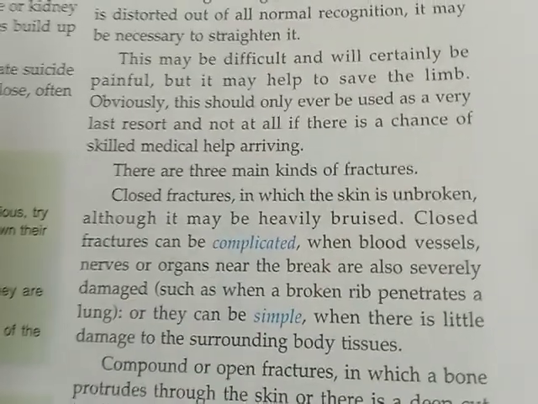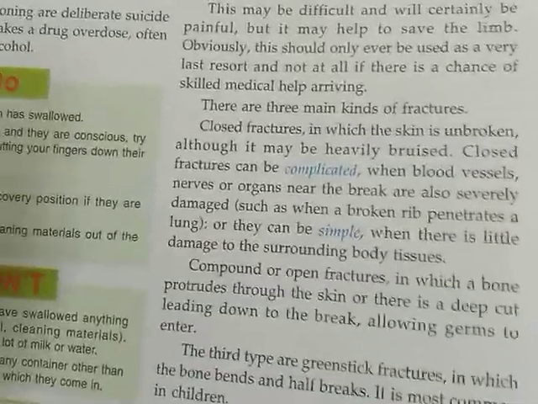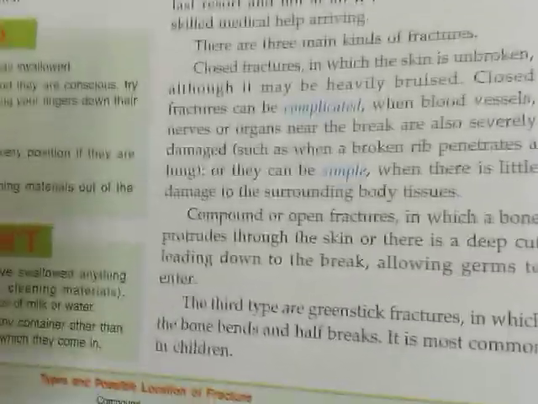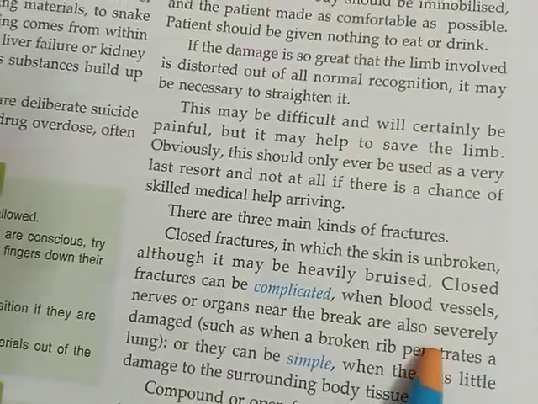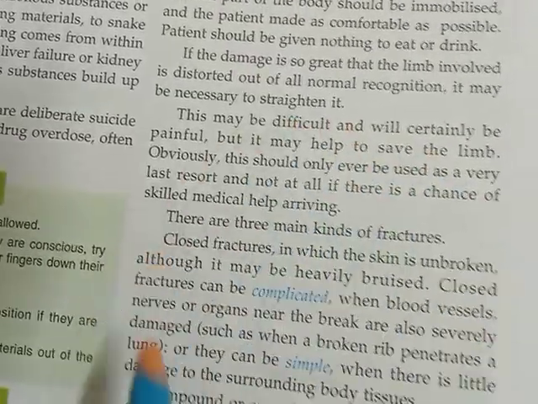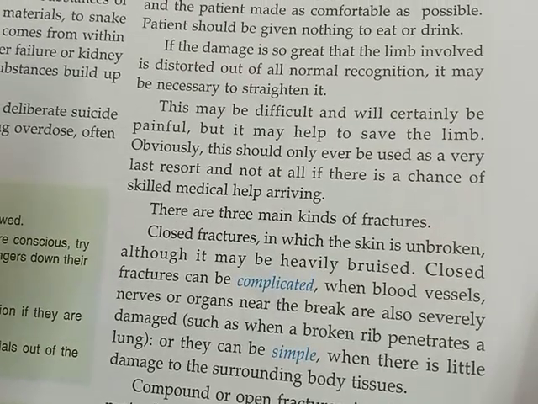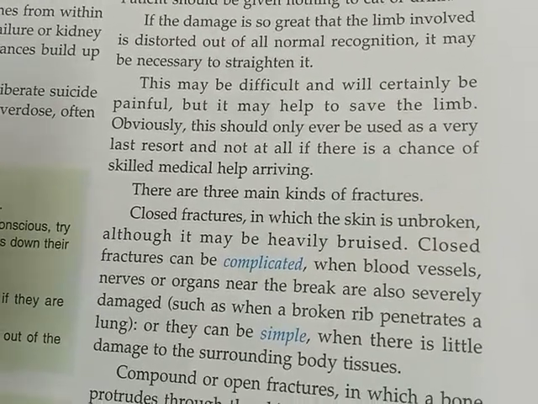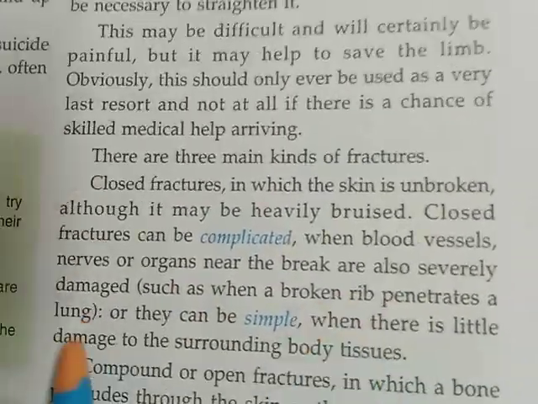So in closed fractures, what happens? It is very complicated, and all the blood vessels, nerves or organs near the break may be damaged. Now see, closed fractures means around that fractured area, all the organs which are near to that may get damaged.